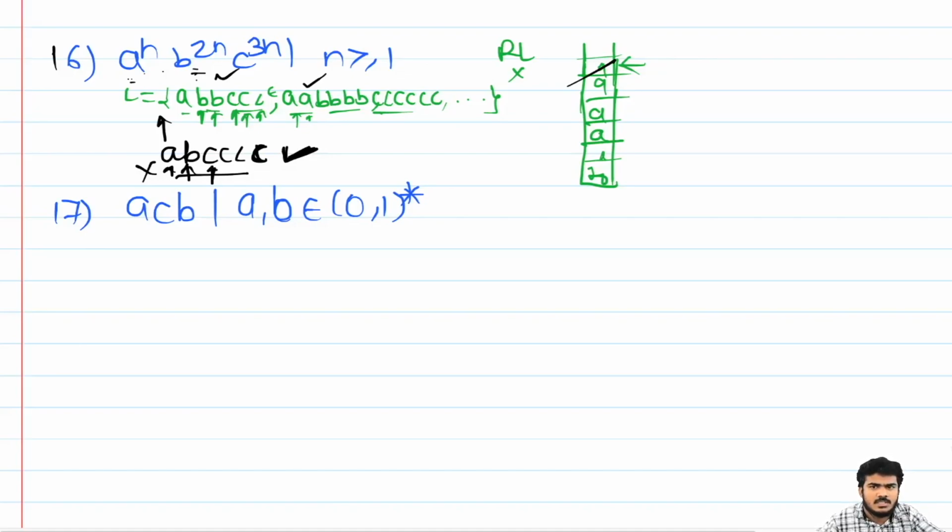Again for each c I have popped an a, and for the fourth c I have popped the last a. I am left with z naught, and finally epsilon is there, so this string is accepted by my PDA, but this should not happen. This string does not belong to this particular language.